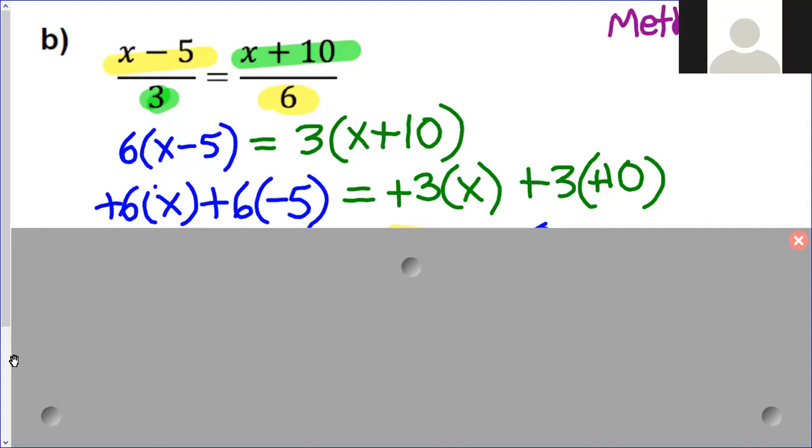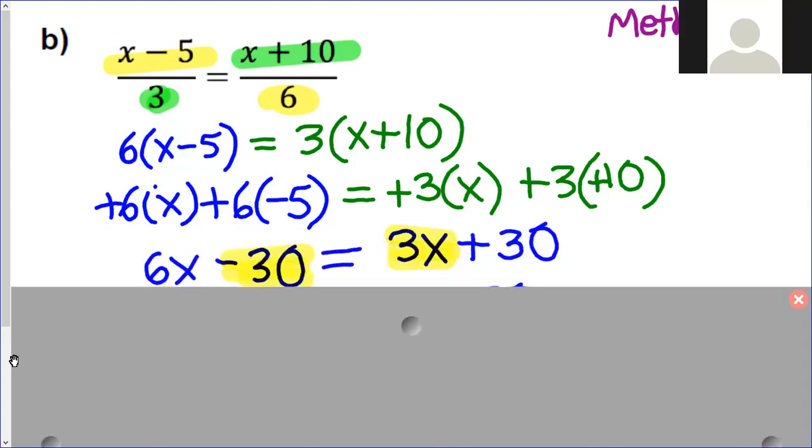I can apply the distributive property: 6 times x, 6 times -5, 3 times x, 3 times 10. Even though I'm not requiring you to write out the distributive property, I strongly recommend that you do. I've just noticed after years of teaching grade 9 that students make fewer mistakes when they write out the steps. But if you feel very confident in your skills, then you can go straight to executing the distributive property.